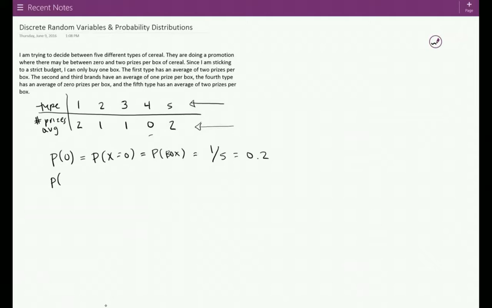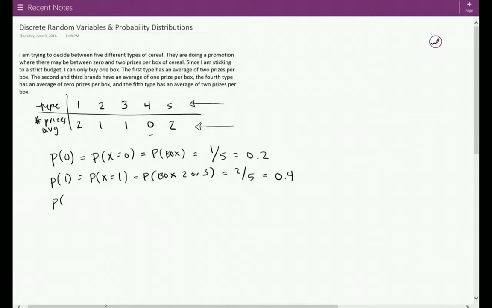Now, for receiving 1 prize, that happens when X is equal to 1, or when I pick boxes 2 or 3. 2 of the 5 events have this as a possible outcome, which gives us a 40% chance that I'll receive 1 prize.